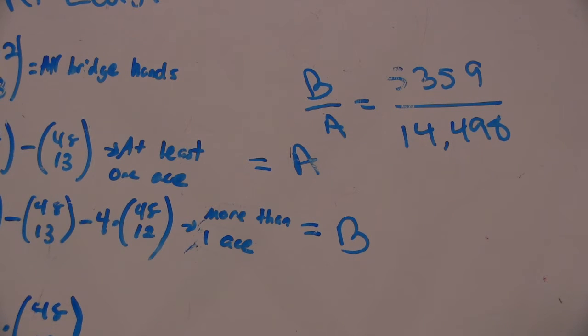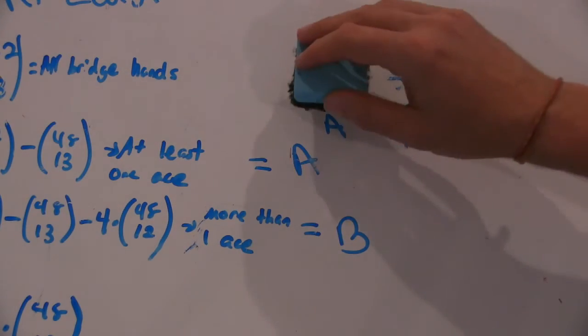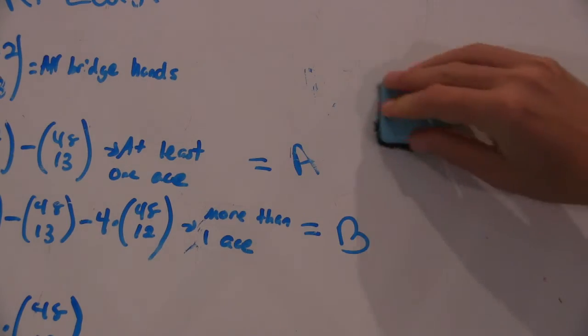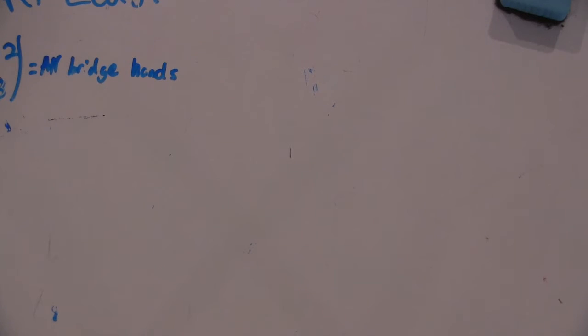Okay, so let's see, having the ace of spades. Basically, I guess I can erase all of this except for the total number of hands, right? Yeah. Okay. So let's see. How many hands have the ace of spades?